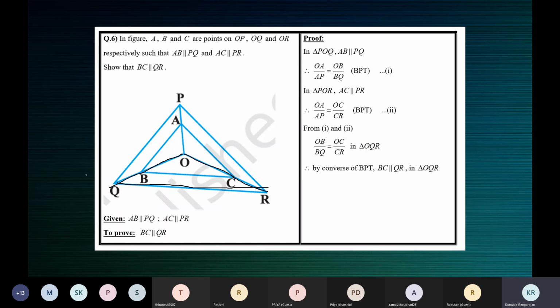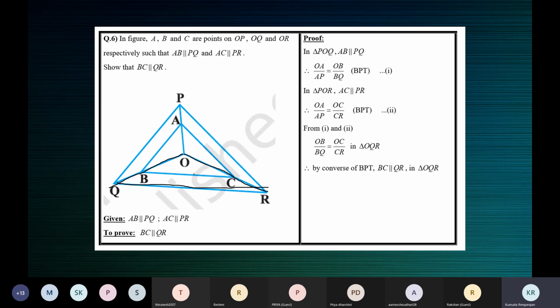OB by BQ, so B is the point of division. OC by CR, C is the point of division. So B is the point of division on this side, C is the point of division on this side. So BC is the line segment. BC is parallel to QR.